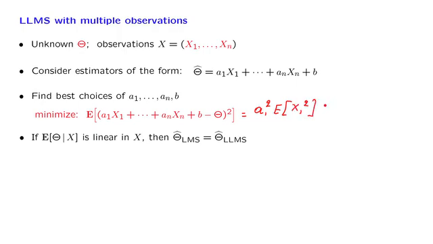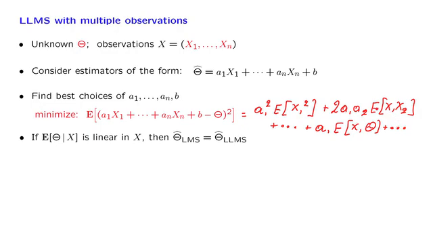It's going to have a term such as twice a1 a2 times the expected value of x1 x2. And then there's going to be many more terms. Some of them will also involve products of theta with this. So we might see a term of the form a1 times the expected value of x1 theta. And then there's going to be many more terms.